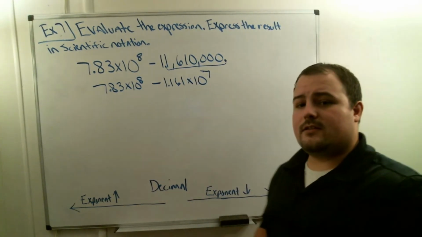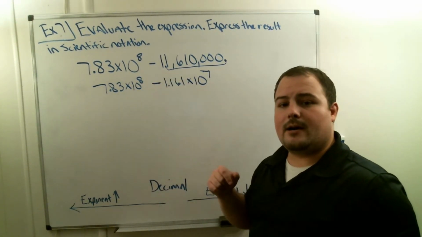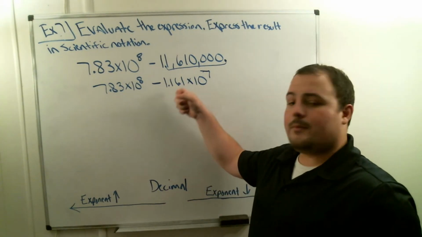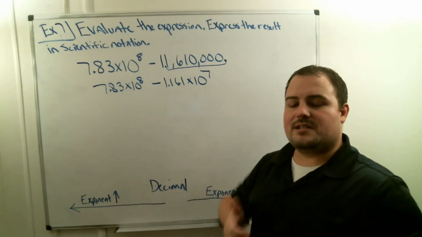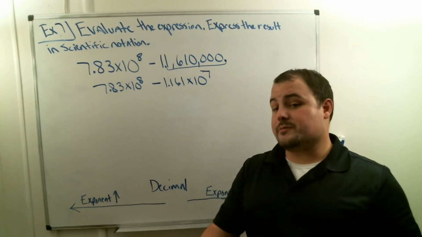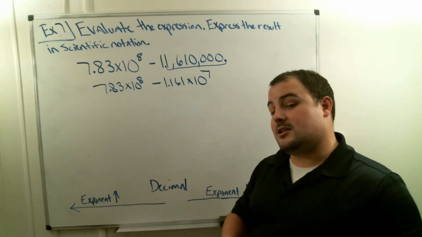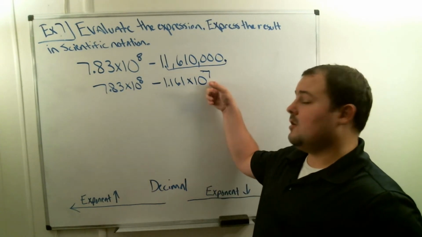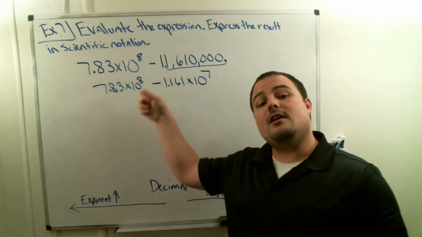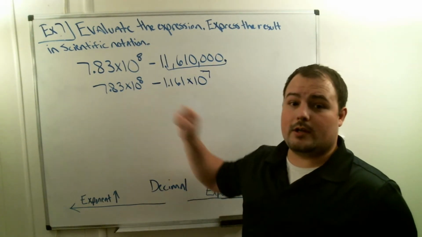So now looking at this, I have 7.83 times 10 to the 8th power minus 1.161 times 10 to the 7th power. Again, we're not allowed to add or subtract unless those exponents are the same. Again, it's still easier to take the smaller exponent and bring it up to the bigger exponent. So I'm going to change a 7 to an 8.